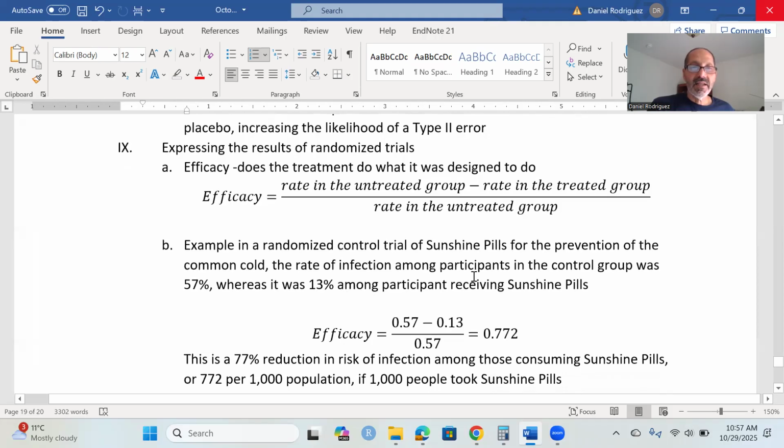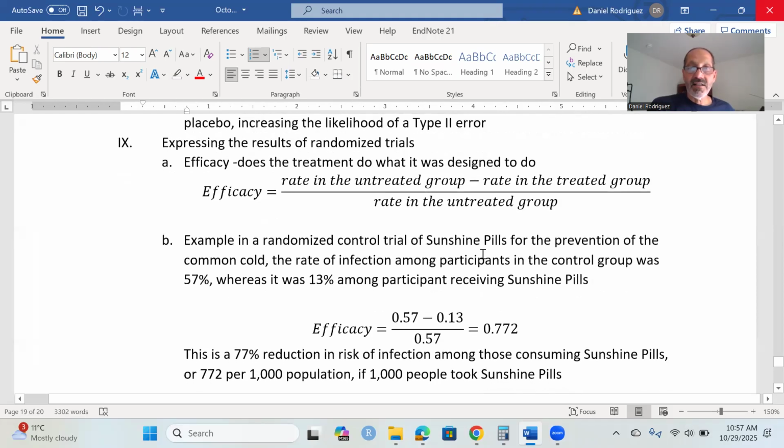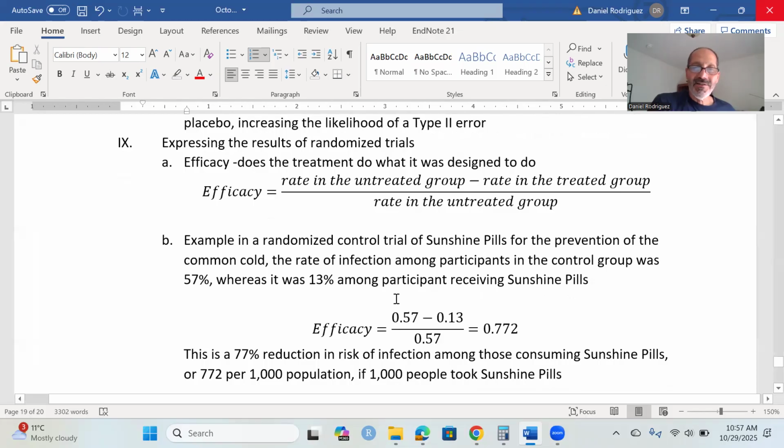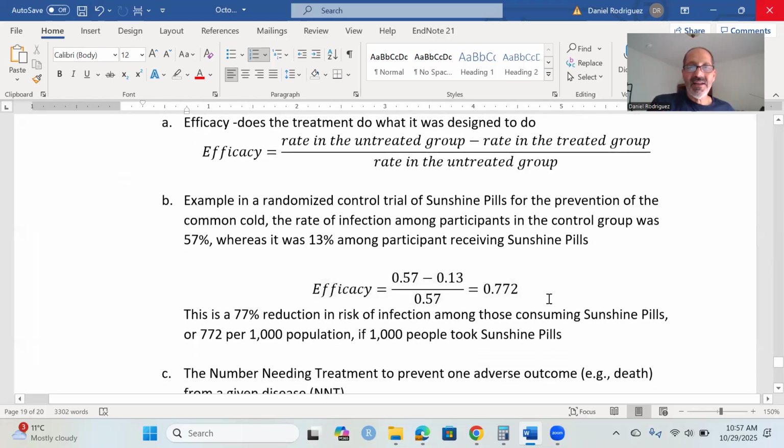Here's an example. In a randomized controlled trial of sunshine pills for the prevention of the common cold, the rate of infection among participants in the control group was 57%. Whereas it was 13% among participants receiving sunshine pills, because it always works. Sunshine pills rock. The efficacy is 0.57 minus 0.13 divided by 0.57, or 0.772.